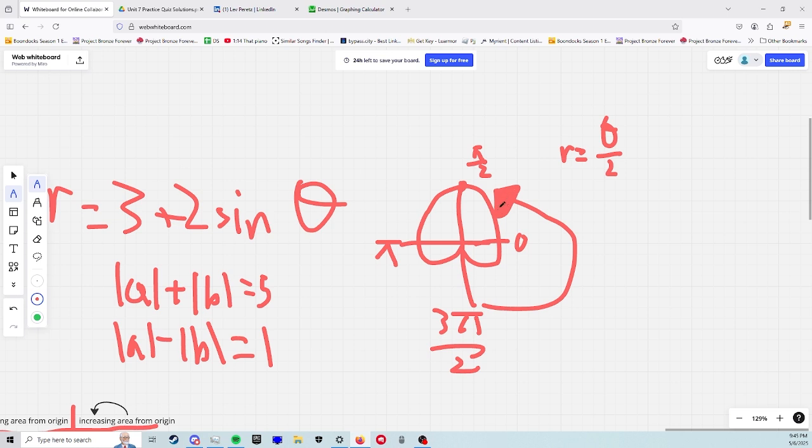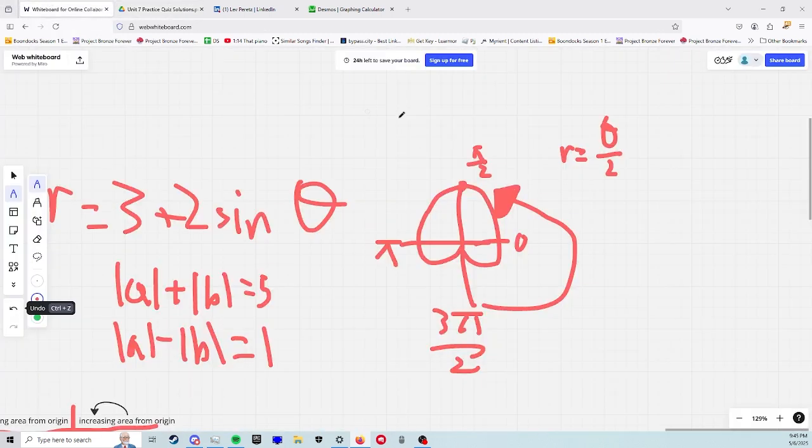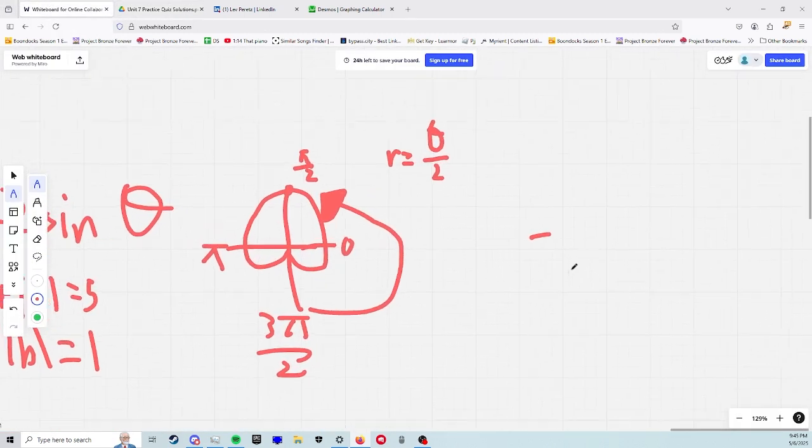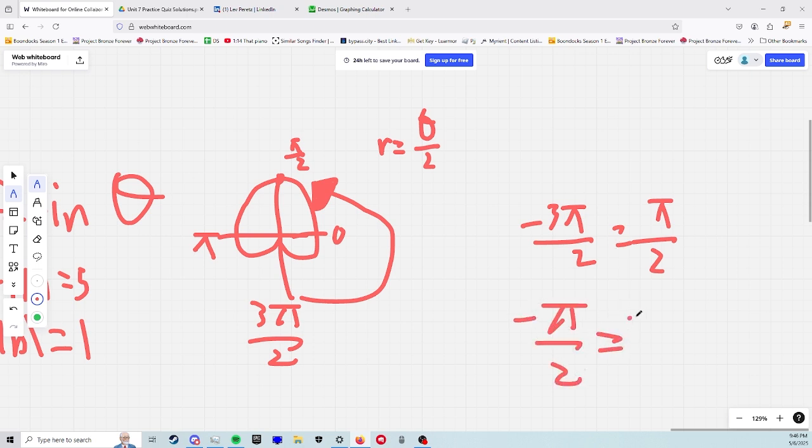So that would be the answer, negative 3 pi over 2. It's 2 pi. Is it at 0? No. So we know it's negative 3 pi over 2, because negative 3 pi over 2 is equal to pi over 2, and vice versa, negative pi over 2 equals 3 pi over 2.